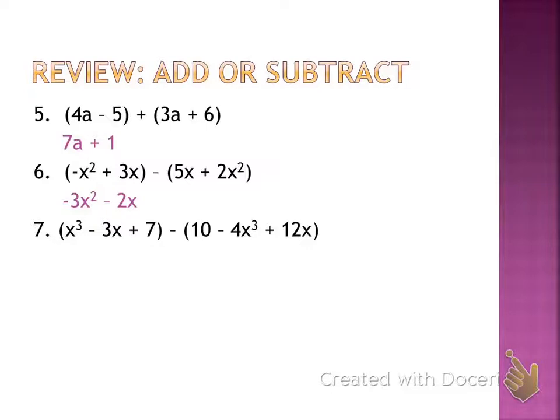Okay, so what is x to the third plus 4x to the third? 5x. So we'll start with 5x to the third. Do I have anything that goes with the 3? Yeah, so negative 3x and the negative 12x would be negative 15x. And then we have 7 minus 10, which would be, yeah, so this is what you should end up with. Any questions?